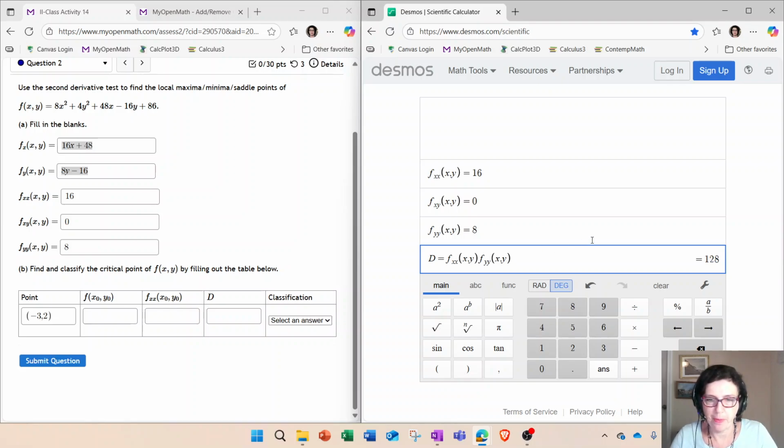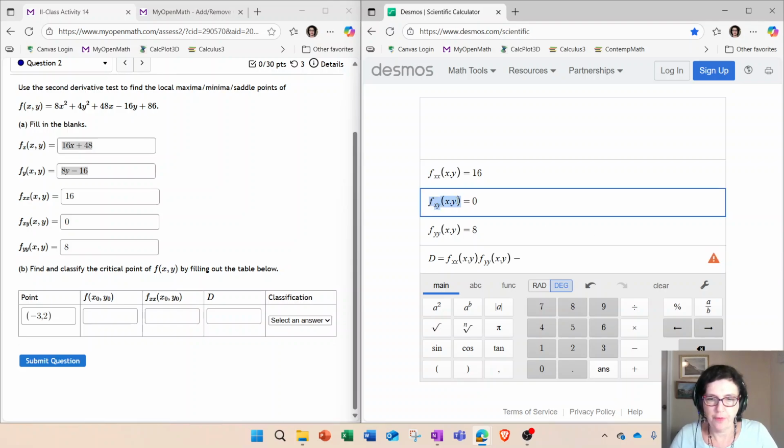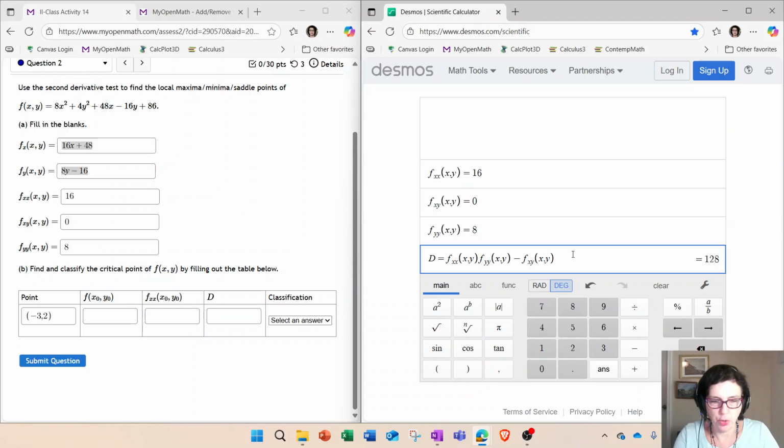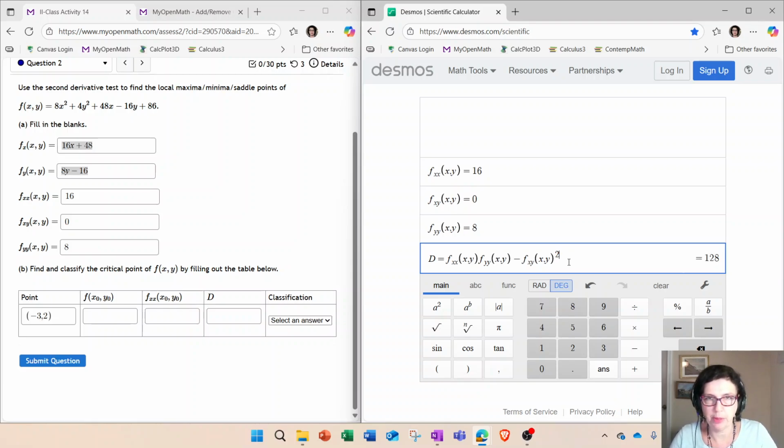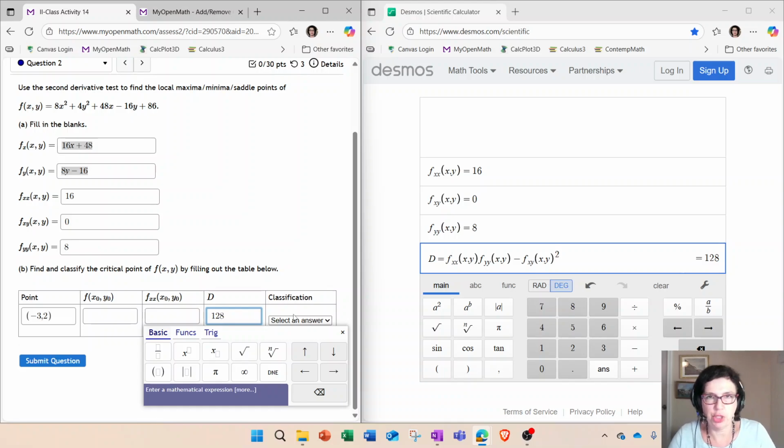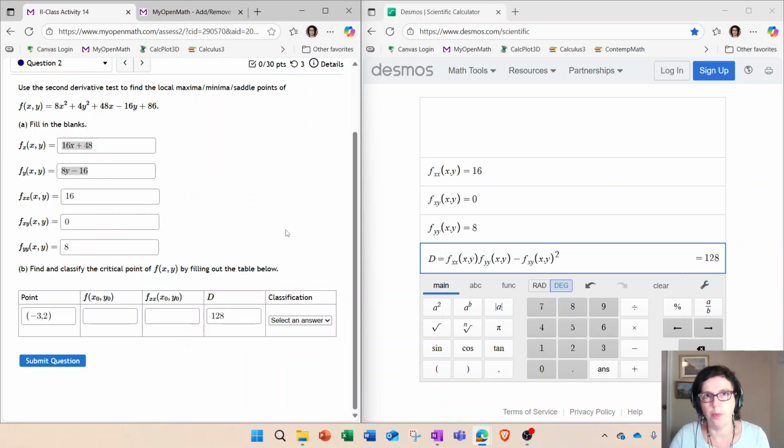Then you're going to subtract fxy, copy that, and then square that. It's important because some people forget to square, which is going to be a big problem because sometimes you'll get a 0, and you should never get a 0 for D. If you get a 0 for D, that tells you that you did it wrong. Theoretically, it is possible that D is 0, but that's such a weird case that you guys are never going to see that on homework questions.